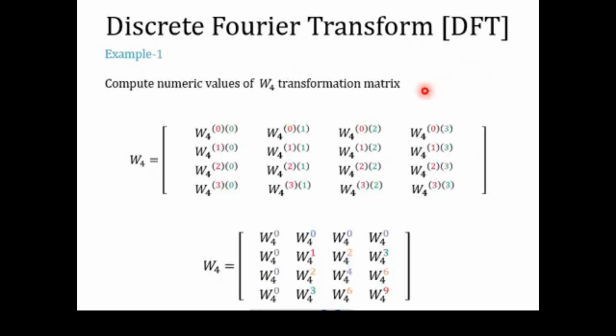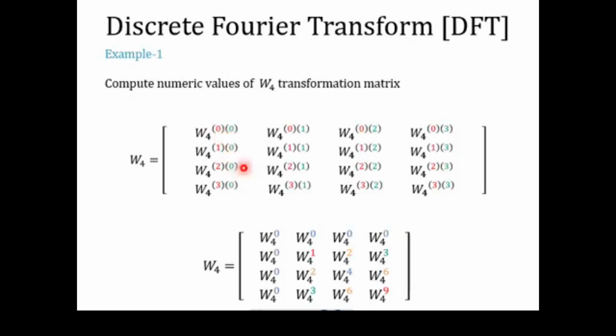Now let's observe another possible method to find the numeric values of the W4 transform matrix. Basically it is not a new method, we are just going to simplify the values of k and n which are written in the superscript of the W4 notation. Instead of keeping both k and n individually, we can simplify these numbers by multiplying the two superscript values.